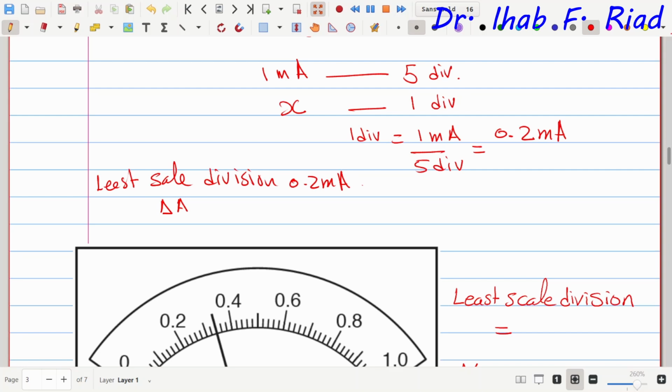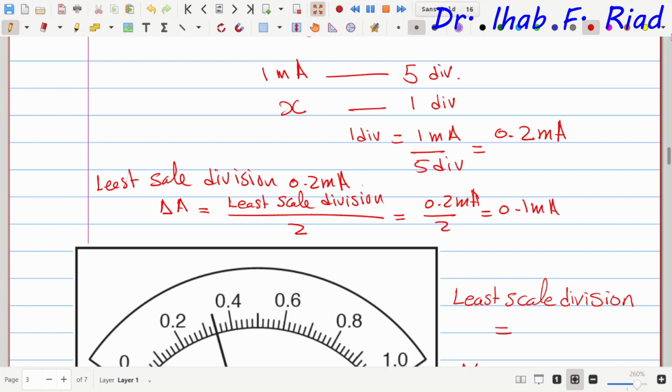Okay, we said that delta, or the absolute uncertainty, is equal to the least scale division divided by 2, which is 0.2 milliamps divided by 2, equal to 0.1 milliamp.